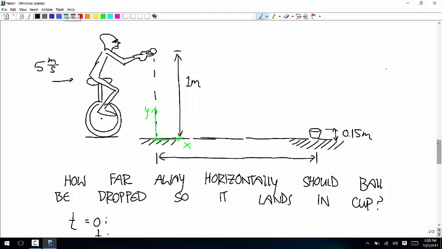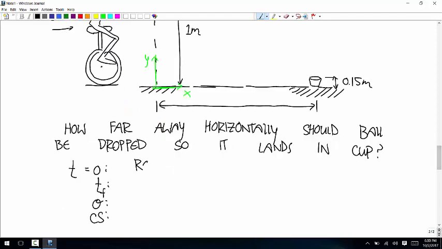Time equals 0 is when the ball is released. Time final is when it hits the height of the cup.